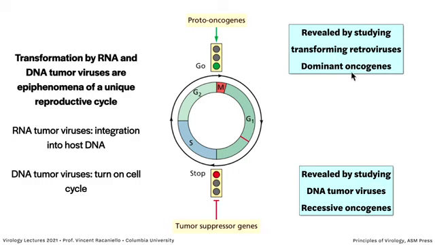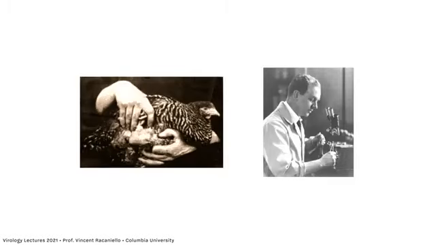They have their dominant oncogenes, as well as integration mechanisms. And then the checkpoints down here, including RB and P53, revealed by studying DNA tumor viruses, and those are recessive oncogenes, of course. It's just a gorgeous summation of the cell cycle control, really, by studying these two different kinds of viruses. And the coolest part, in my view, is that it all began with a chicken.